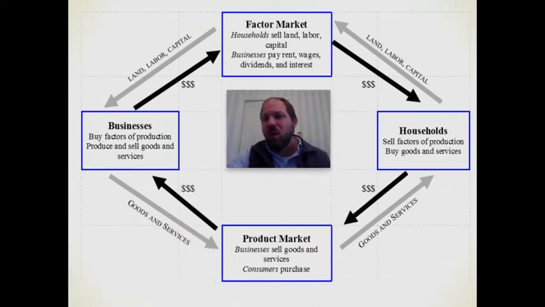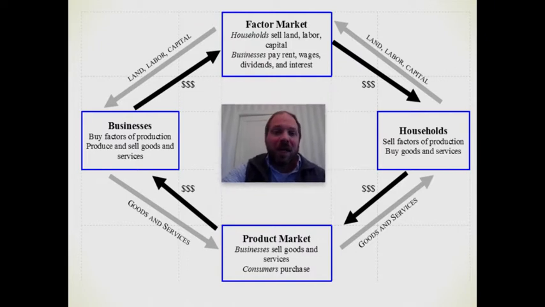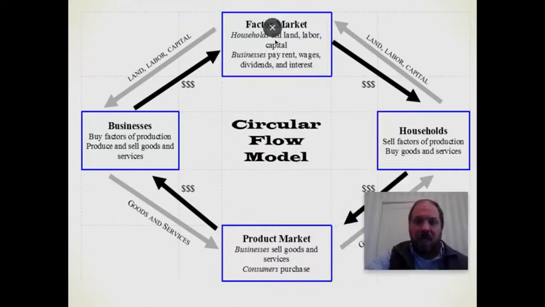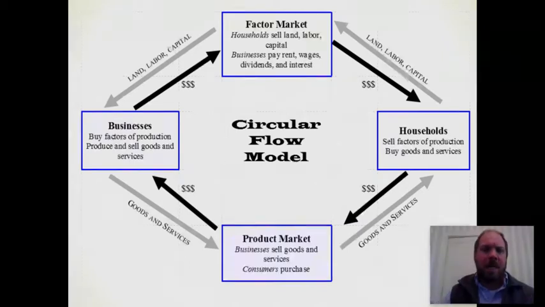So if that was Walmart, they would be paying salaries, or Danville Public Schools pays teachers. An auto mechanic shop is paying their auto mechanics, and likewise. So I'm hoping that kind of showed you the different aspects of the circular flow model and kind of how we trade resources and money and buy goods and services.